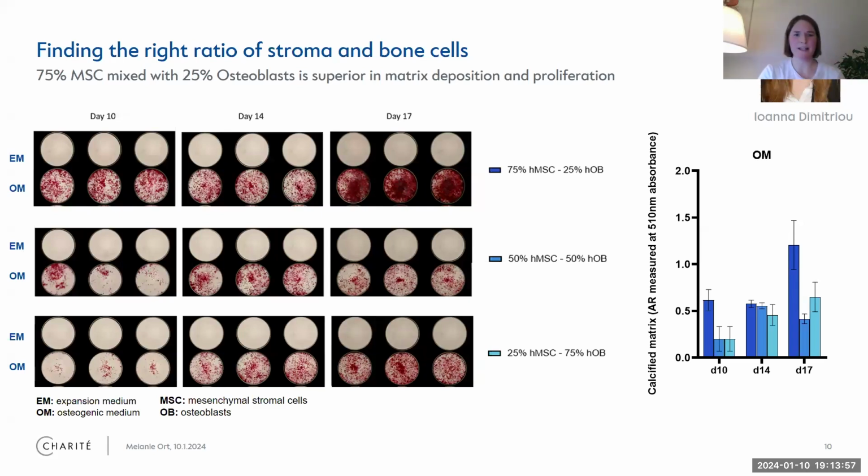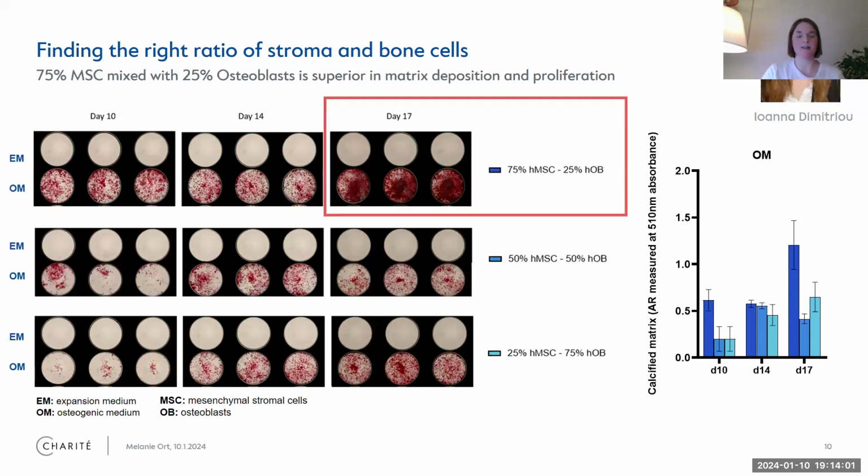She tested different media and then different cell compositions. And Annie showed that using 75% mesenchymal stromal cells and 25% osteoblasts, so bone-forming cells, if you mix them together, they make really nice matrix, which later on can become bone.